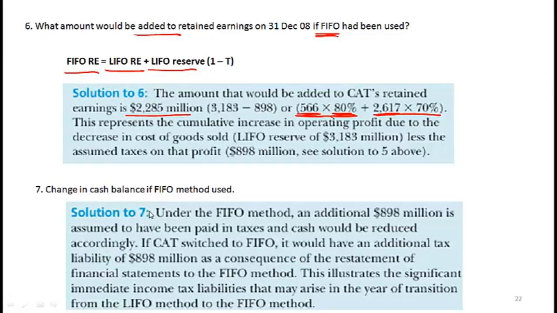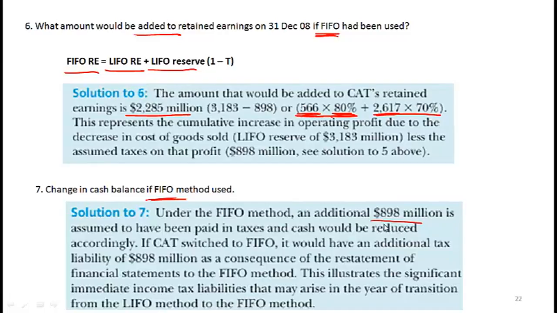Okay. Next, change in cash balance. If the company suddenly decided to go to FIFO, then this entire amount, 898, would have to be paid as taxes.